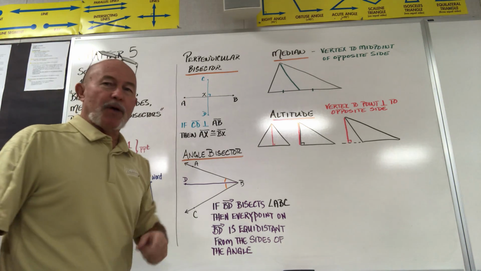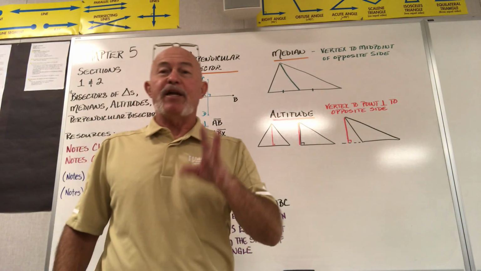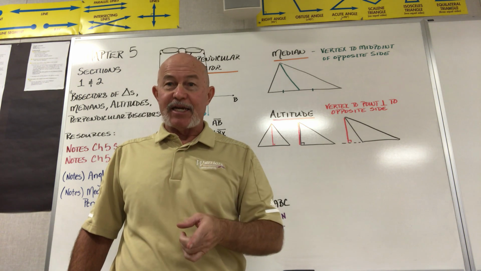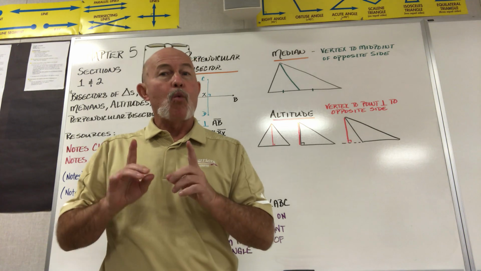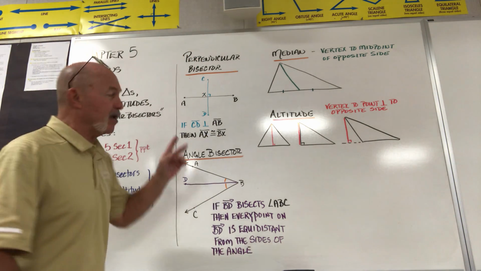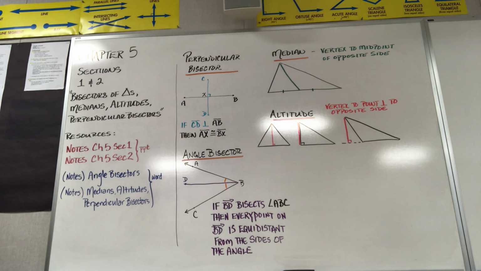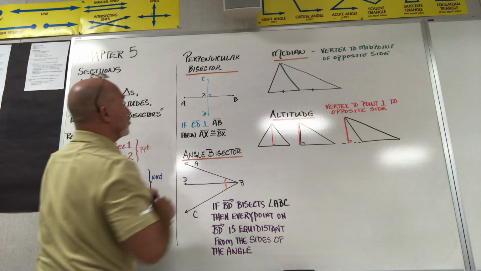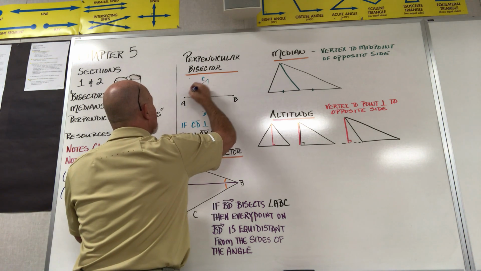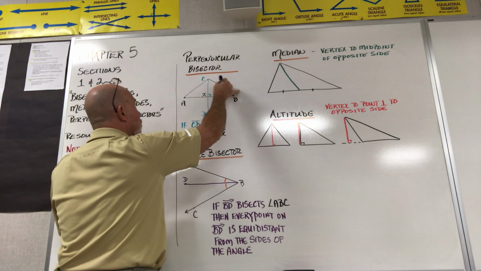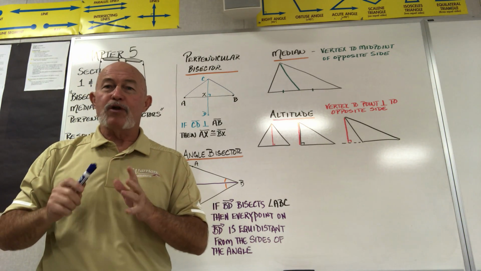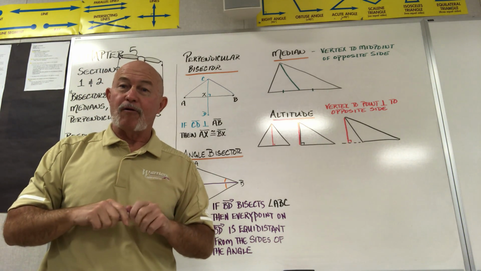A perpendicular bisector does exactly what its name says it does. It's perpendicular to a segment and it cuts it in half. When we are in a triangle, it does something just a little funky. If we look at this as a triangle now, it creates an isosceles triangle.